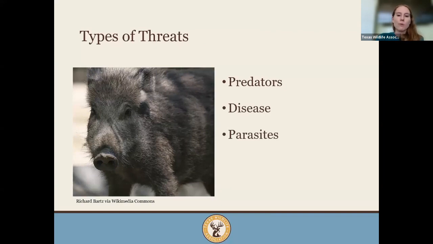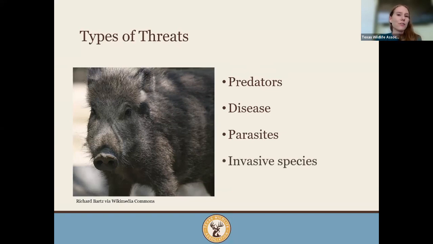These are things that every wild animal has to deal with to some extent, but they both tend to become more problematic during times when animals are severely stressed. Stress decreases the efficacy of their immune system. That means that parasites, for example, that may not have had any impact before are now having very real and measurable survival impacts on those animals.